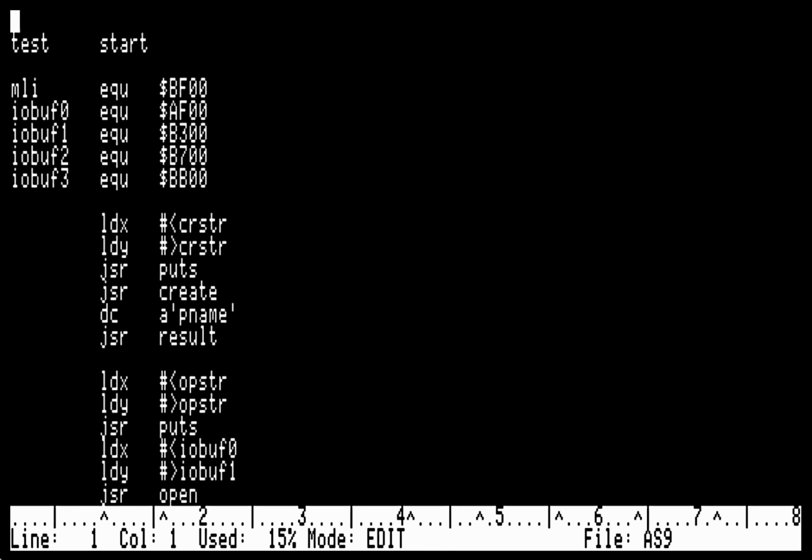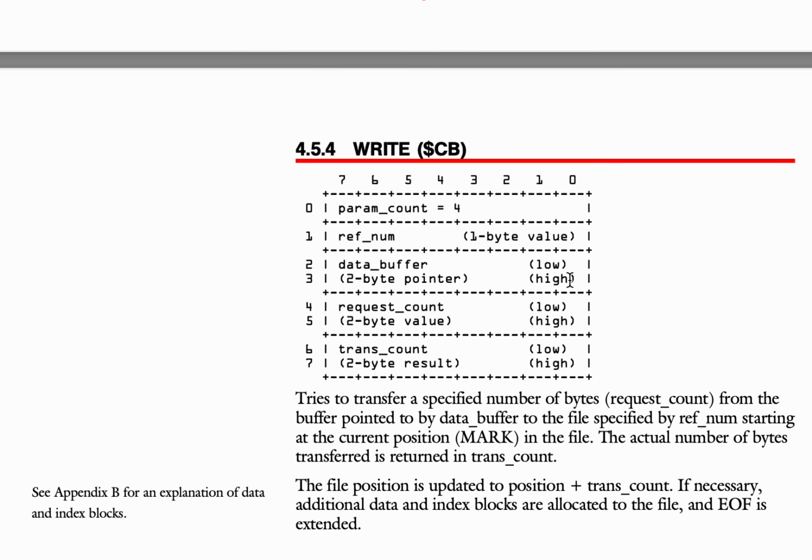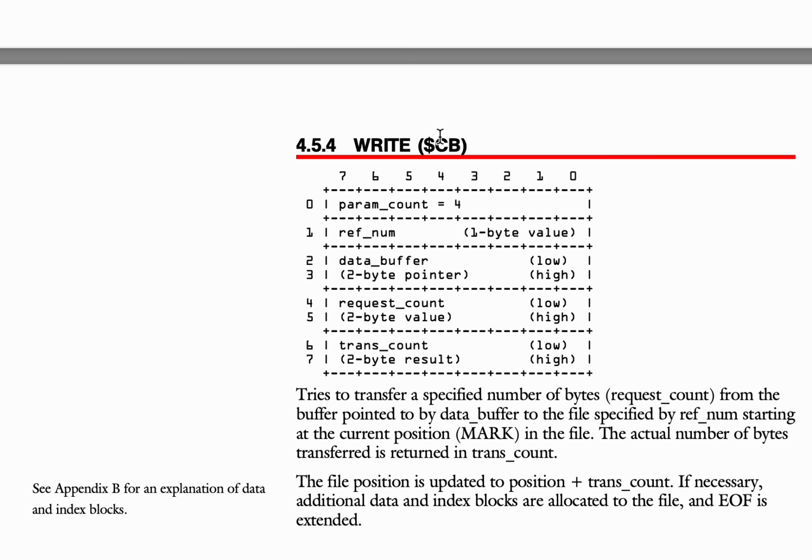All right, so we've taken care of the create, the destroy or unlink, the open and the close. So now we have to worry about read and write. Now, read and write is going to be very similar to the others with one little wrinkle, and I'm going to start with write here.